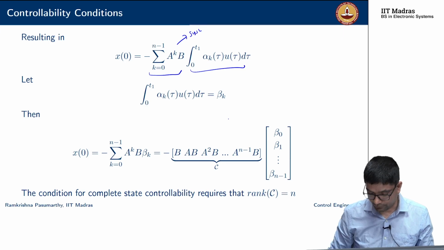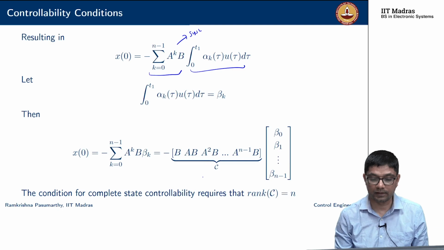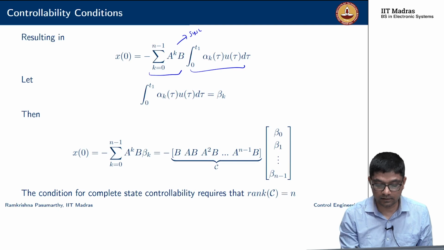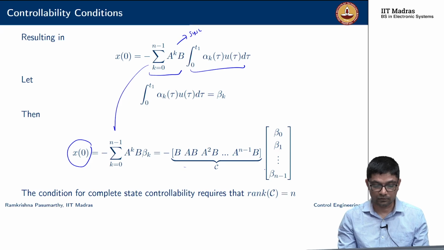Now these alpha k are also known; I can compute them by the formula of e power At. I call these betas. So what results is x naught equal to all of these sums times beta k, which I can write in a nice matrix notation. You can just write this down by hand and check what is going on.